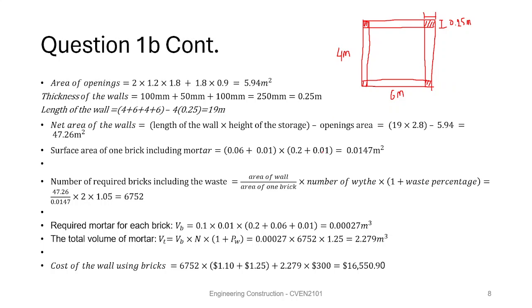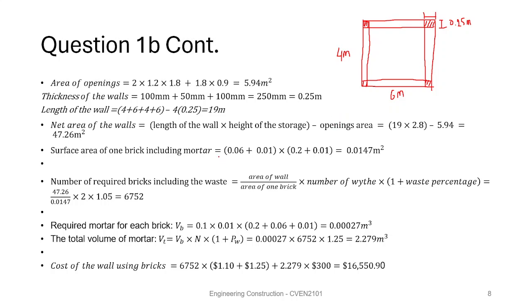Now we know the length of the wall, the height of the storage unit, and how much opening there is. So we can simply calculate 19 times 2.8, which is the height, minus 5.94, which is the area of the openings, and that should give you the net area of the wall.